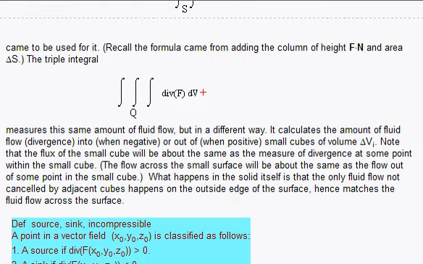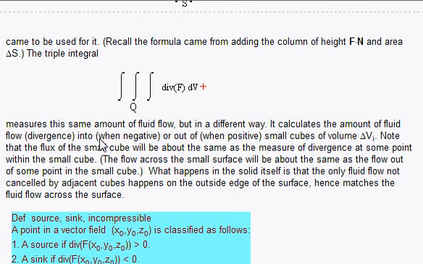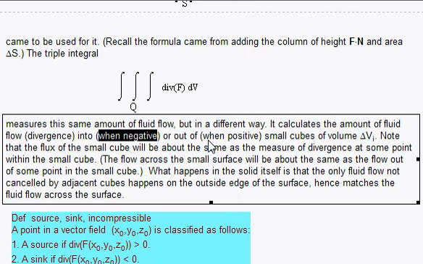It calculates the amount of fluid flow divergence into when negative or out of when positive small cubes of volume del vi. Notice that the flux of the small cube will be about the same as the measure of the divergence at some point within the small cube.